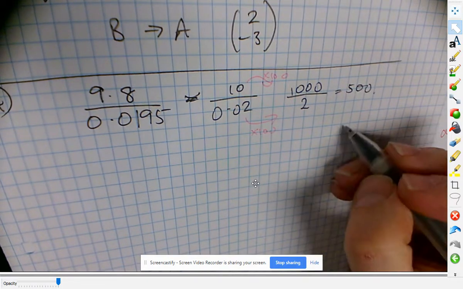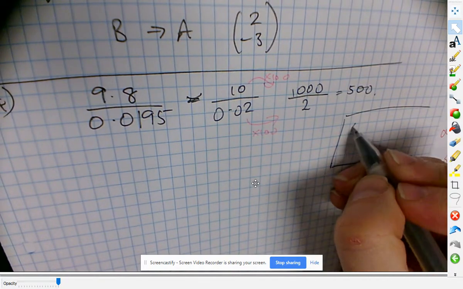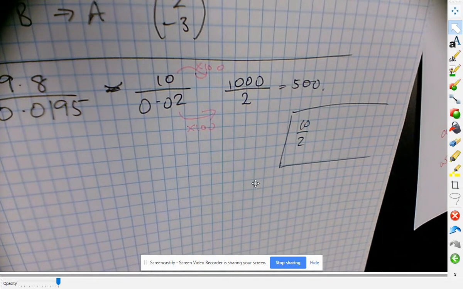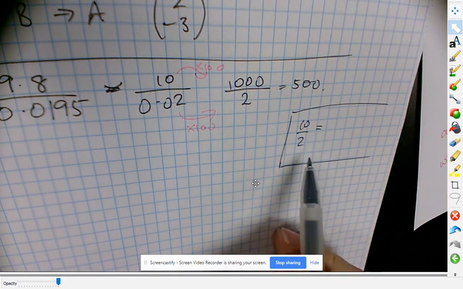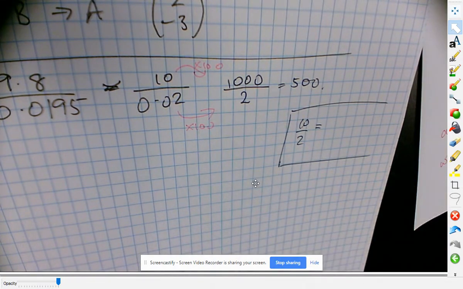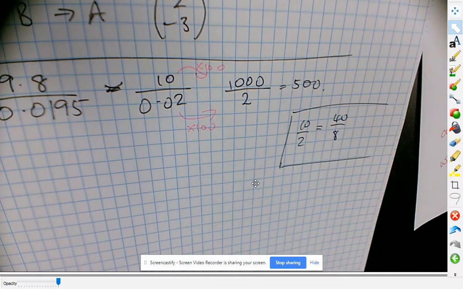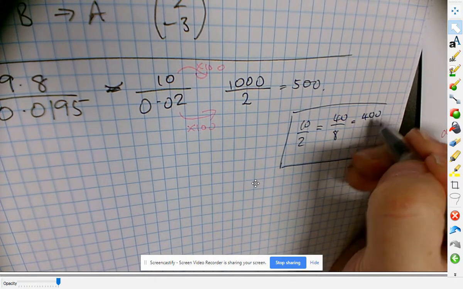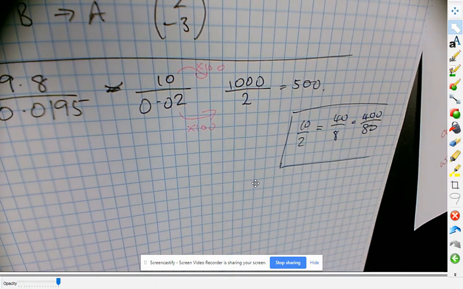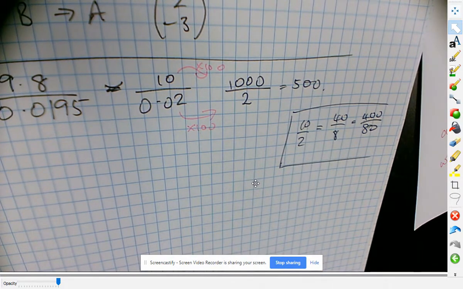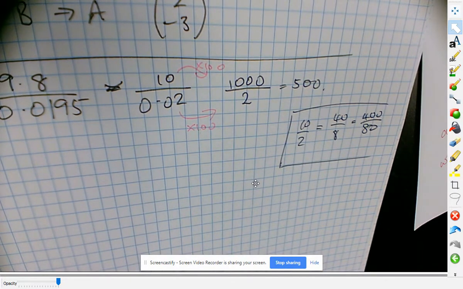Just think, for example, we all know 10 divided by 2 is 5, don't we? If I times the top and the bottom by, for example, 4, 40 divided by 8 is also 5. Yeah? And 400 over 80 is also 5. All of these things have the same answer, which is why this trick is really nice to use.